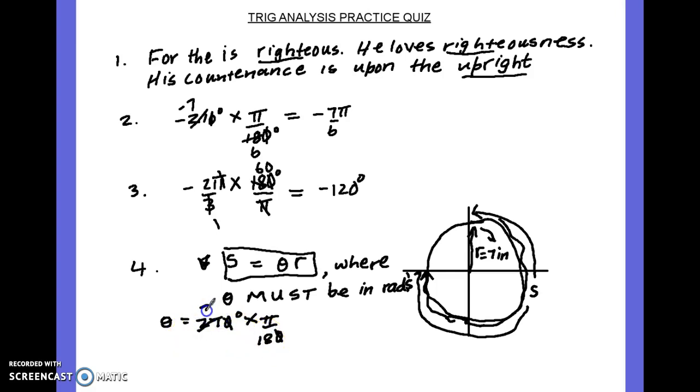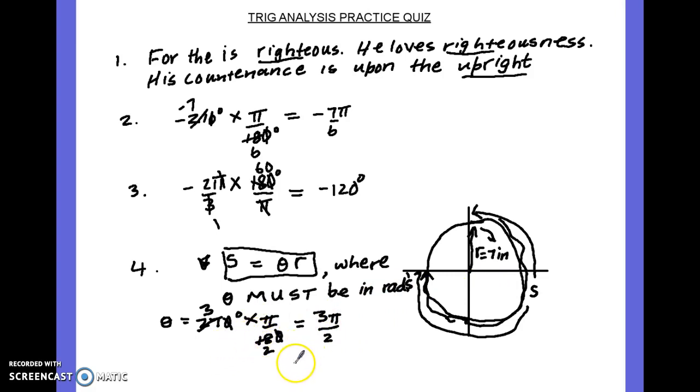So we have 9 goes into 27 3 times, goes into 18 twice. So this works out to be 3 pi over 2 radians. We're not looking at signs right now, we're just looking at the absolute value of the number of radians. Okay, so it's 3 pi over 2.